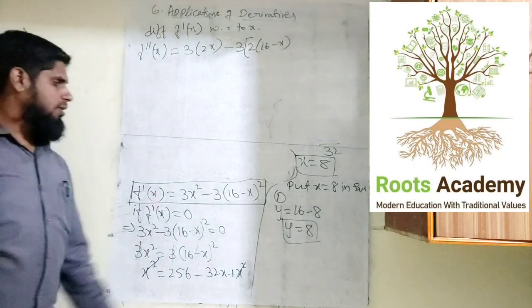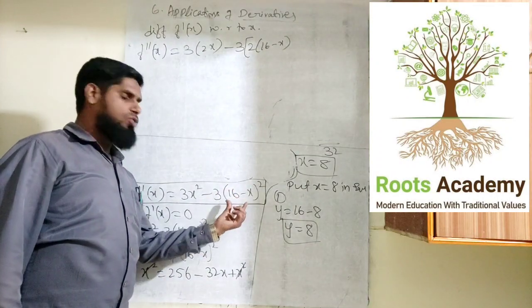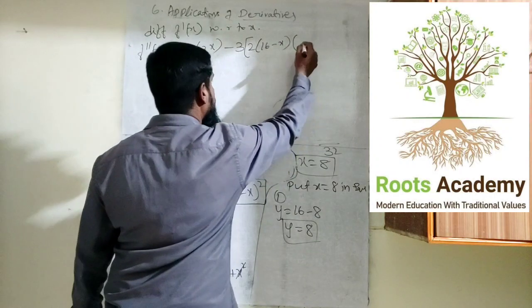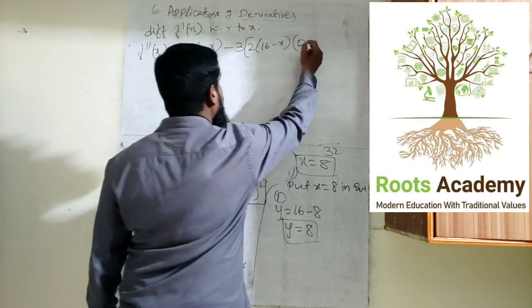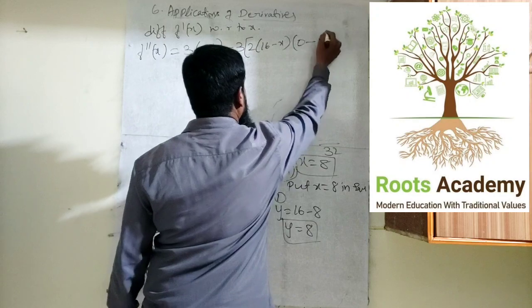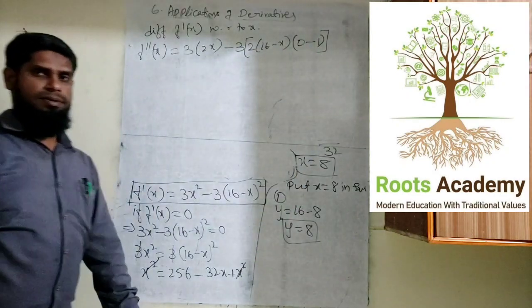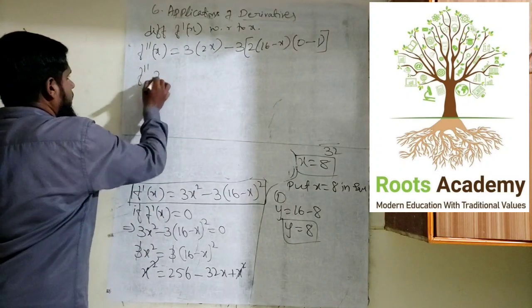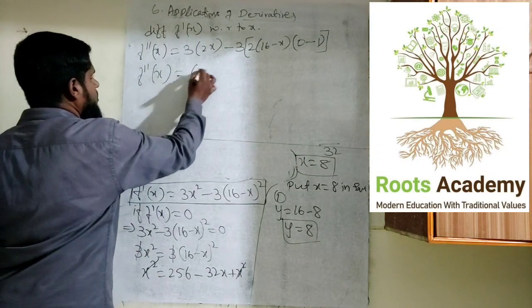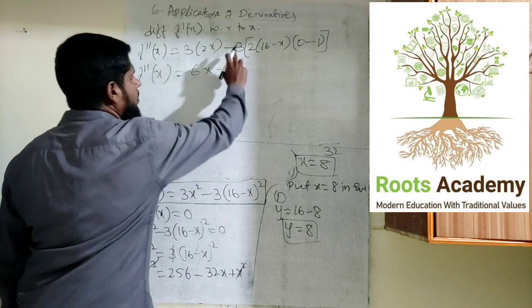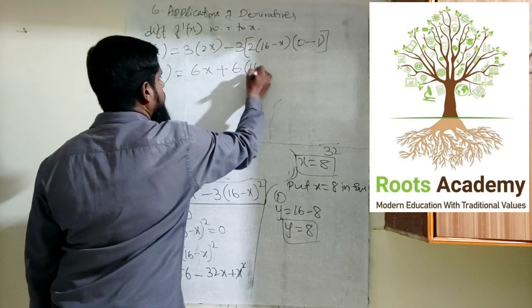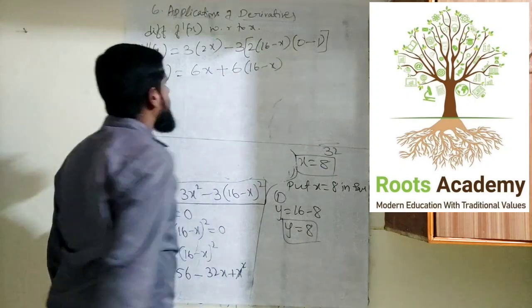Then under the square it is a linear expression, so let us differentiate one more time. Derivative of 16 is 0 minus derivative of x is 1. Finally, our second order derivative is 6x, minus into minus is plus, 6 into (16 minus x).